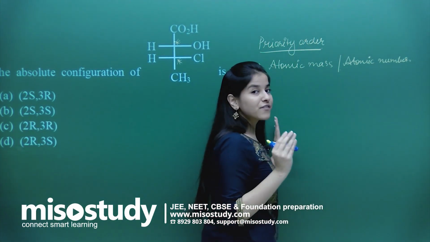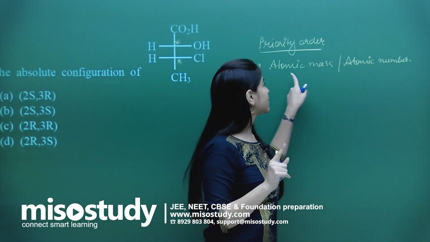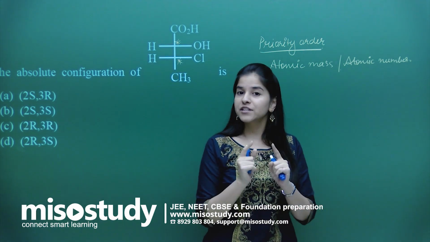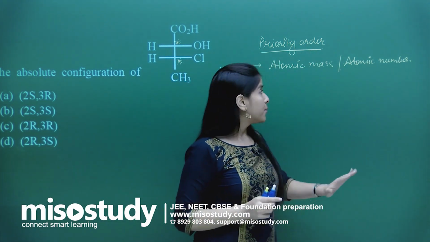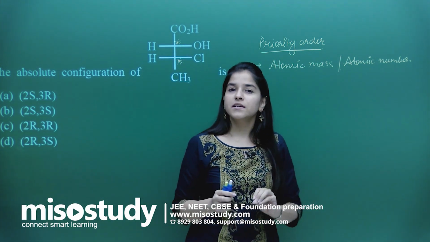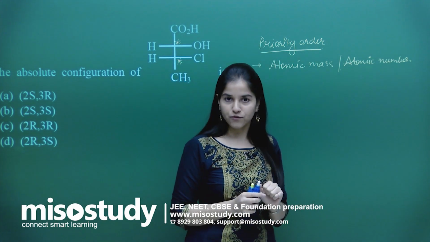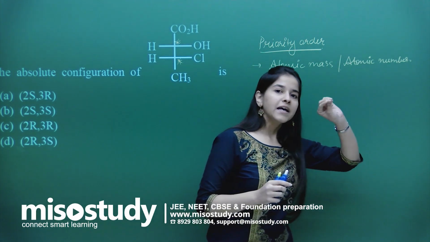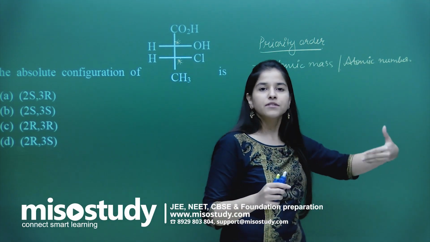In the case of isotopes, we need to consider the atomic mass because isotopes have different numbers of neutrons, so the atomic mass will be different, whereas in the case of normal elements, atomic number always differs.